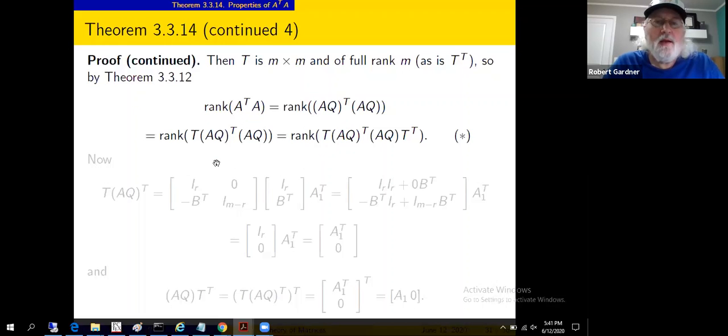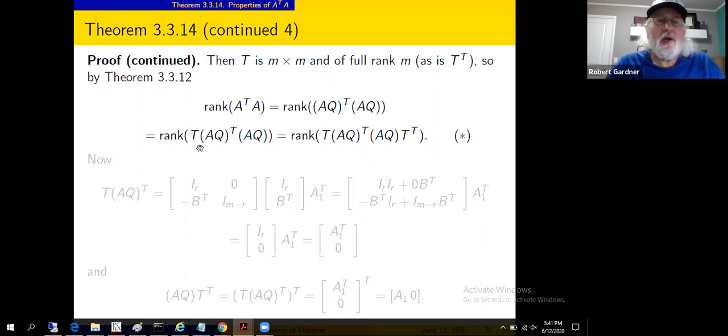All right, now Theorem 3.3.12 says if you multiply by a full rank matrix in there, that doesn't change ranks. So we're sticking this matrix T in right here. Can't argue with the validity of it. Motivation I could use some more of. I'm looking for A transpose times A in some of this stuff.